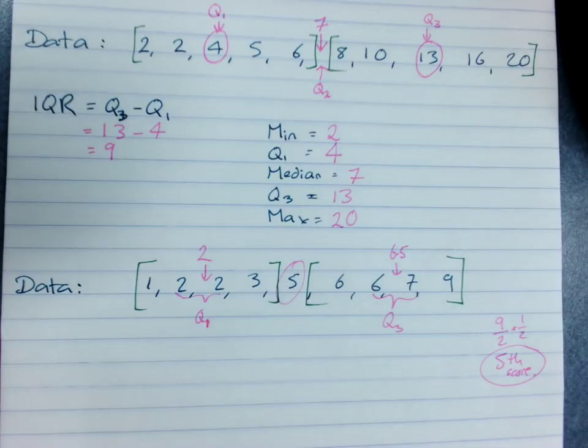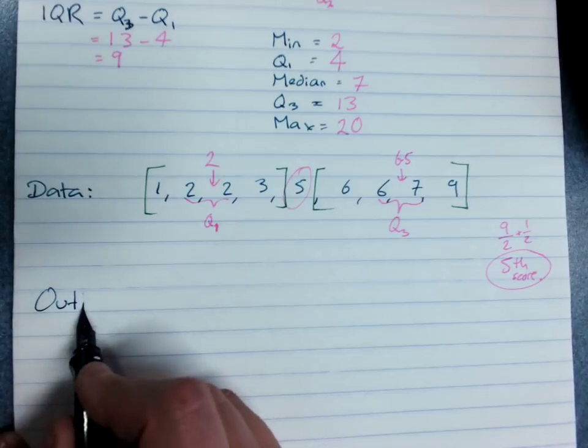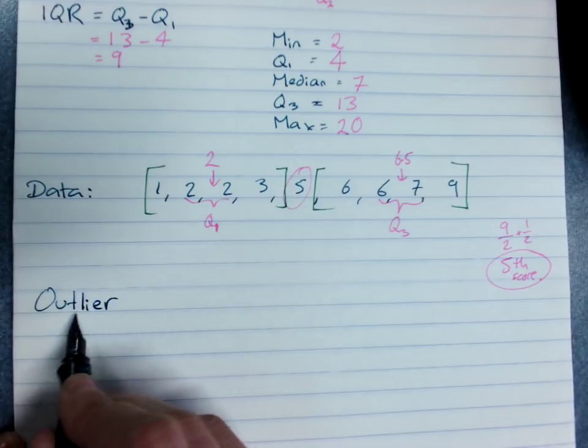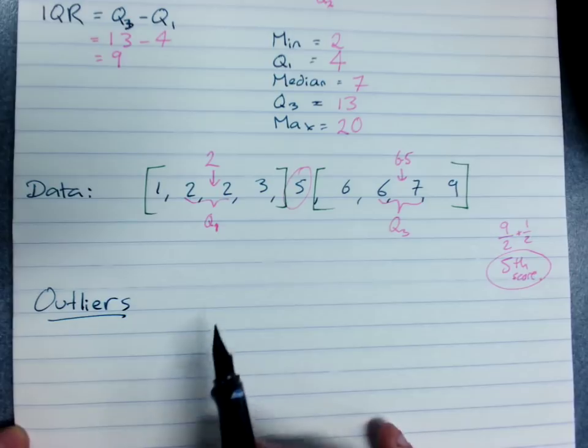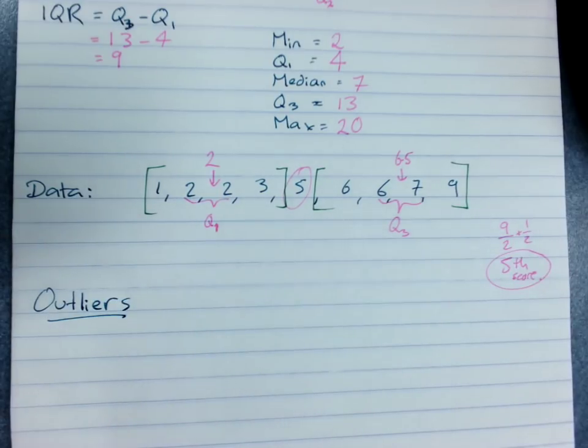I'm really old. So we need to be able to mathematically quantify what is an outlier. Previously, in other years, we've just said, oh, look, it's really far above or really far below the data set, so it's an outlier. That's not really good enough.